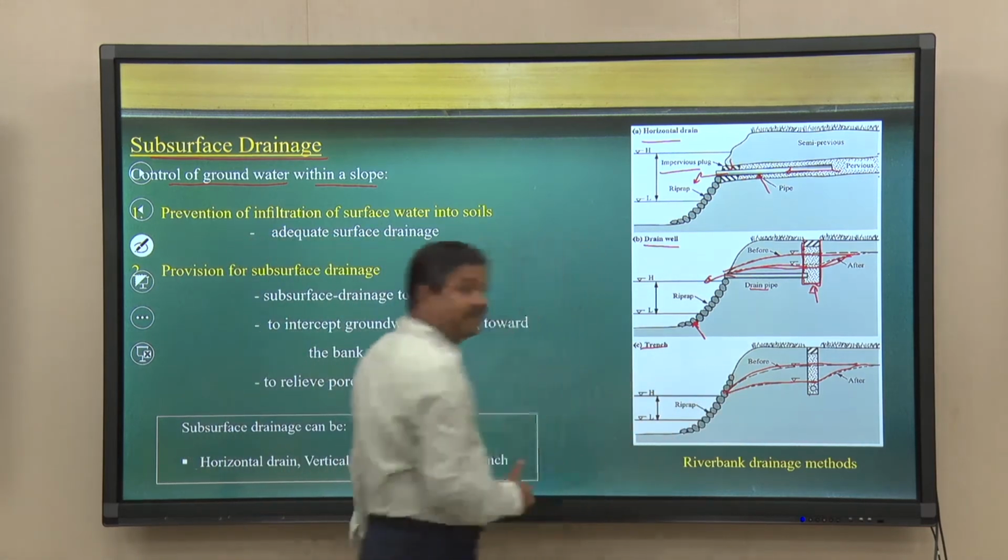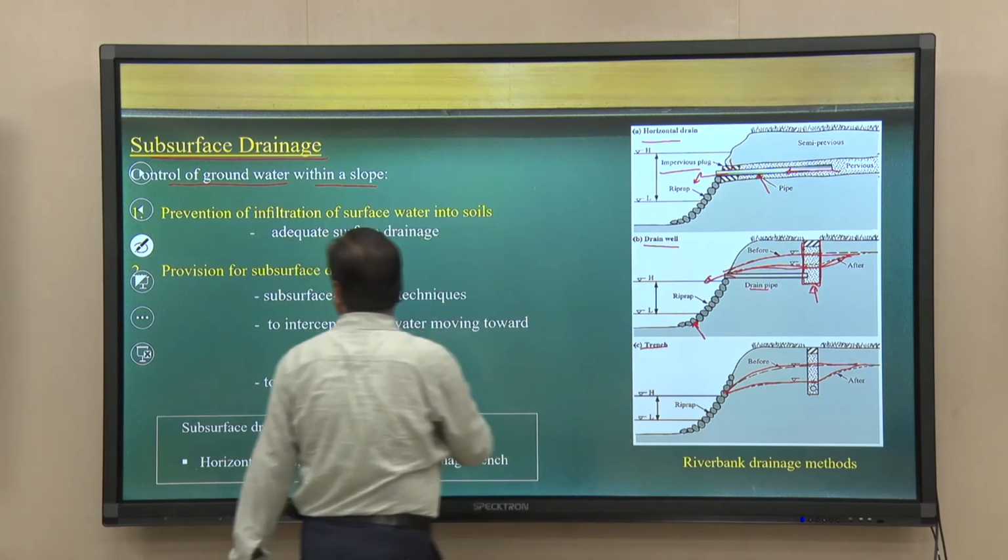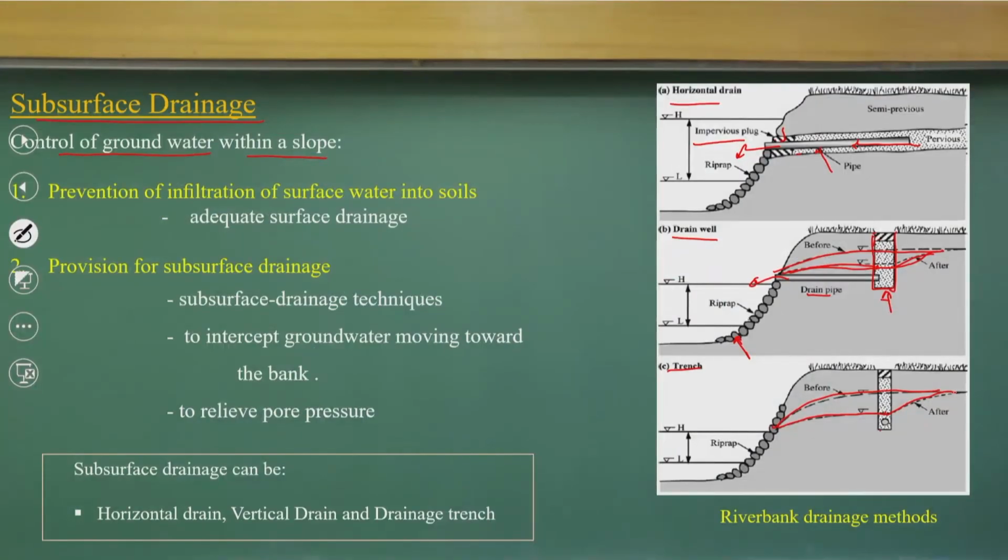control the groundwater table fluctuations in the river bank. To do that, we should provide subsurface drainage along with river bank protections, with a horizontal drain, vertical drains or drain trench.